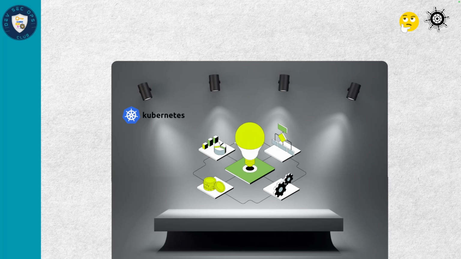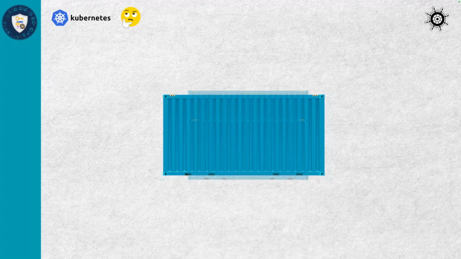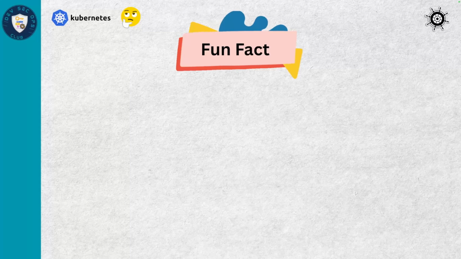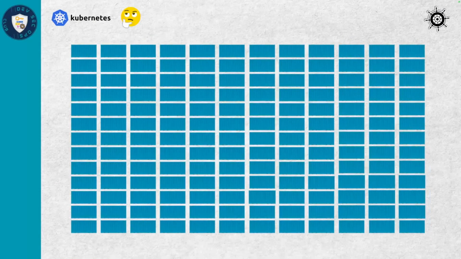Kubernetes is a tool you can configure anywhere. That's a really amazing tool. And whether you are running one container, 3 containers, or 300,000 containers, Kubernetes has got you covered. That's how powerful Kubernetes is.